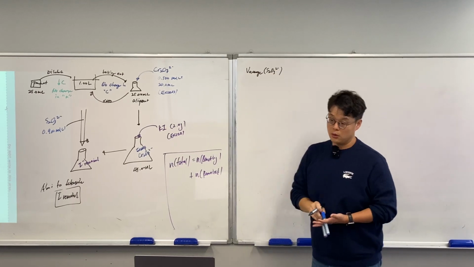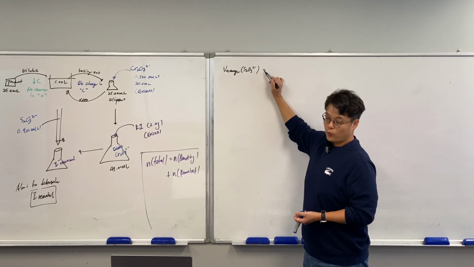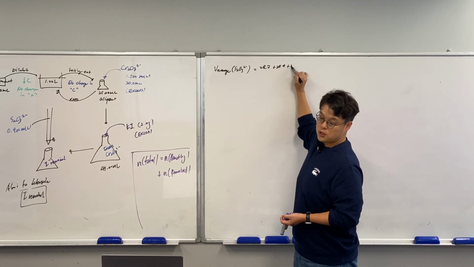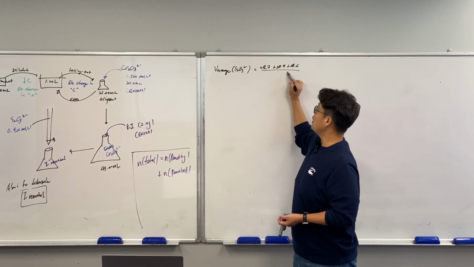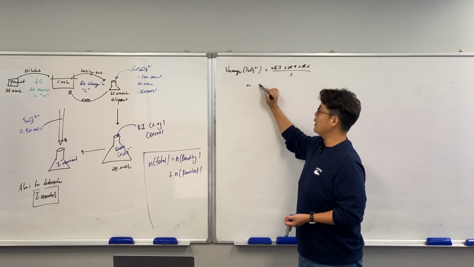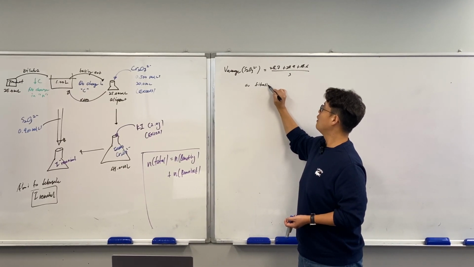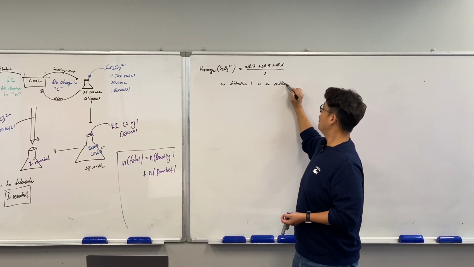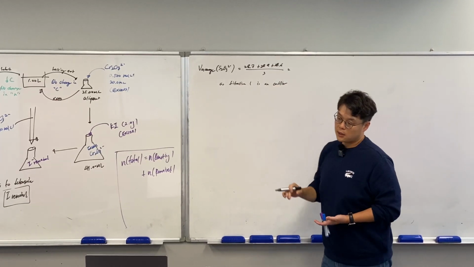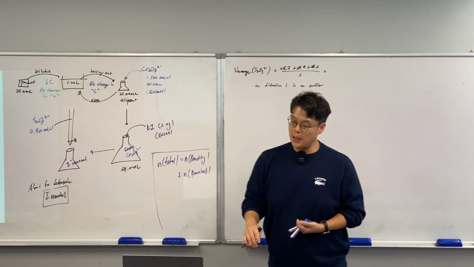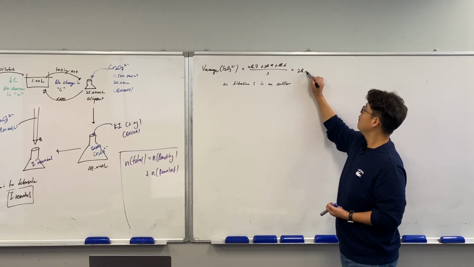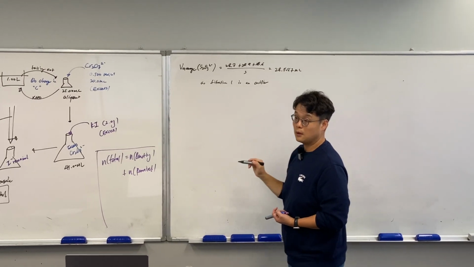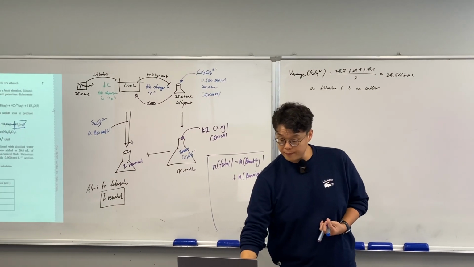To calculate that, you show all the working out, so 28.7 plus 28.4 plus 28.6 divided by 3, as titration 1 is an outlier. Calculating that, you get 28.5667 milliliters first of all.